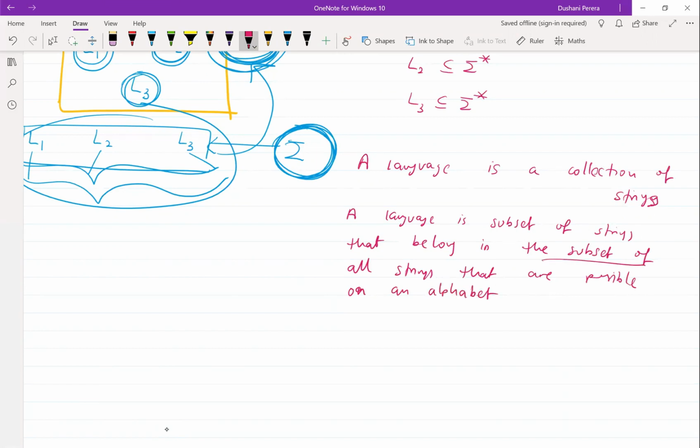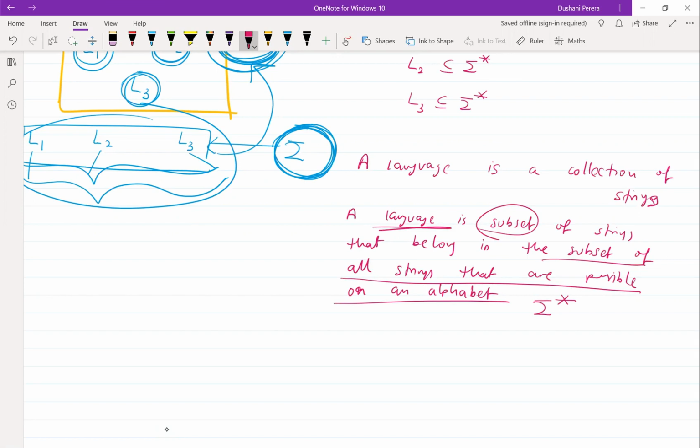Subset of all strings means sigma star, and the subset of that is the language.